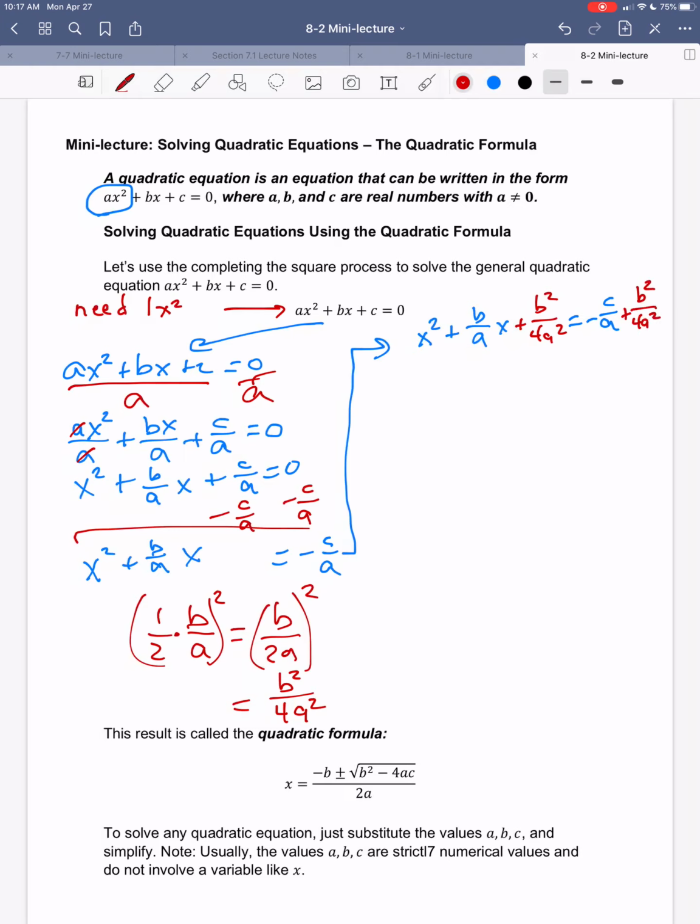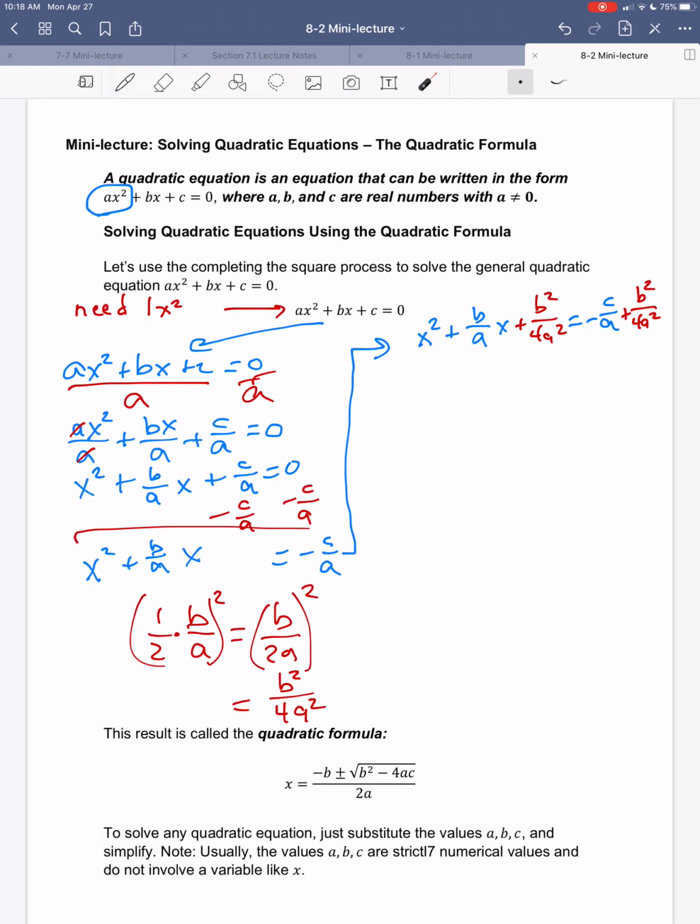All right, so what happens next? In completing the square, if I've completed the square correctly, this left-hand side now should be able to be factored as a perfect square, as something times itself. I'm also going to have to start cleaning up this side, trying to add these fractions together. But to add these fractions together, I need a common denominator.